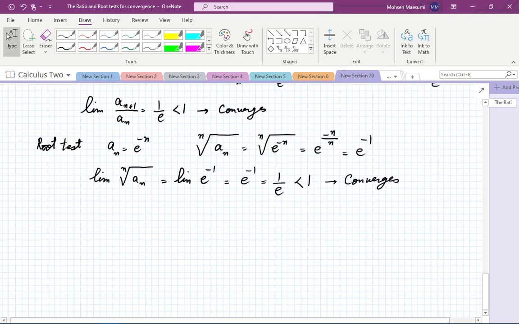Okay, so maybe I better do another example of this thing. Consider, say, n over 3n plus 1 to the power of n.